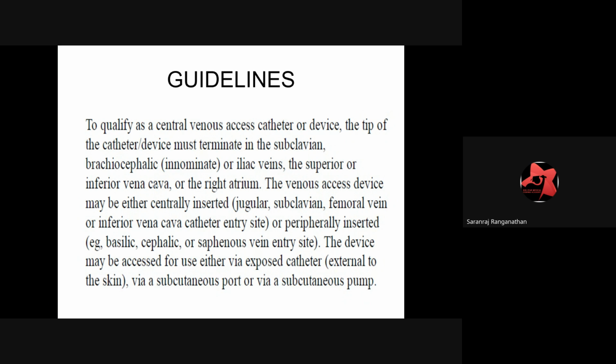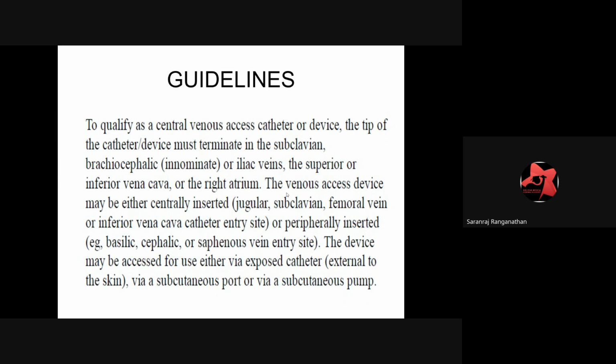To qualify as a central venous access catheter or device, the tip of the catheter must terminate in the subclavian or brachiocephalic or iliac veins, the superior or inferior vena cava, or the atrium. Only a catheter terminating in these places can be considered a central venous catheter.